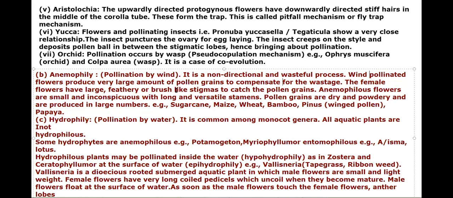Since the pollen will fly in, the female flowers have to collect it, so they have large feathery or brush like stigmas to catch the pollens. Anemophilous flowers are small and inconspicuous with long and versatile stamens. The male flower will be small and the female flower will be big. Pollen grains are dry and powdery, so that they can fly in the air, and are produced in large numbers.